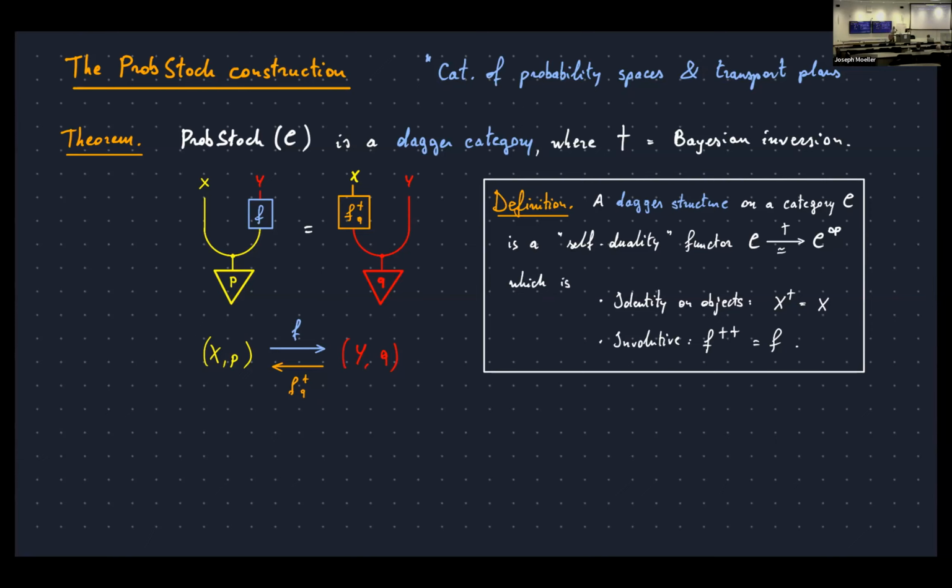But there's even more. Since in a category you have multiple morphisms between any two objects in general, this choice of going backward for each morphism can be made functorial. And that's indeed the case.